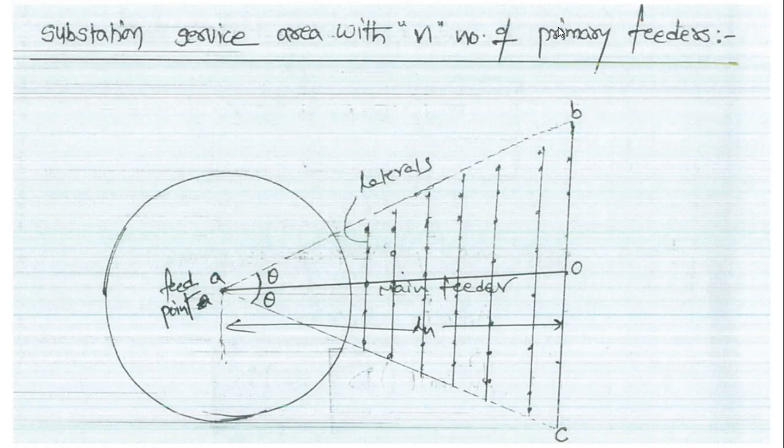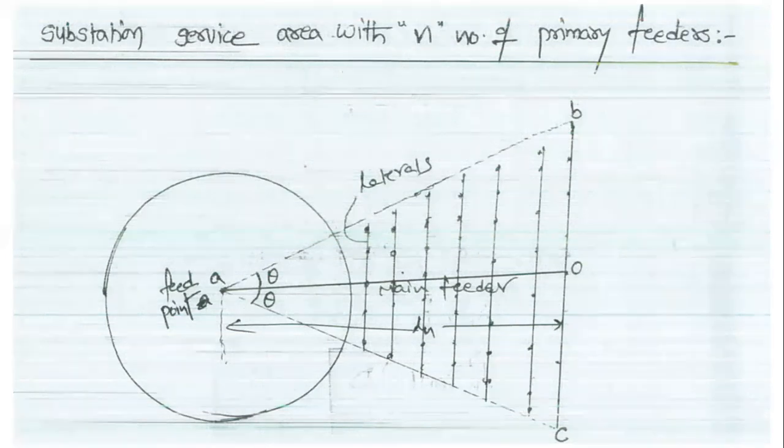We have already derived the case with 4 feeders and also with 6 feeders. In the previous class we derived the 4 number of feeders and the 6 number of feeders. What is the procedure for finding the 4 feeders area and the 6 feeders area?